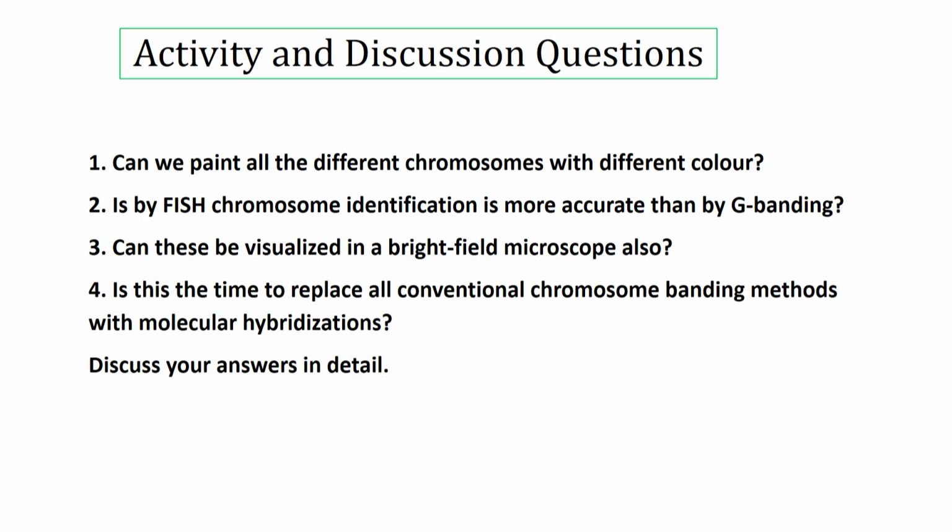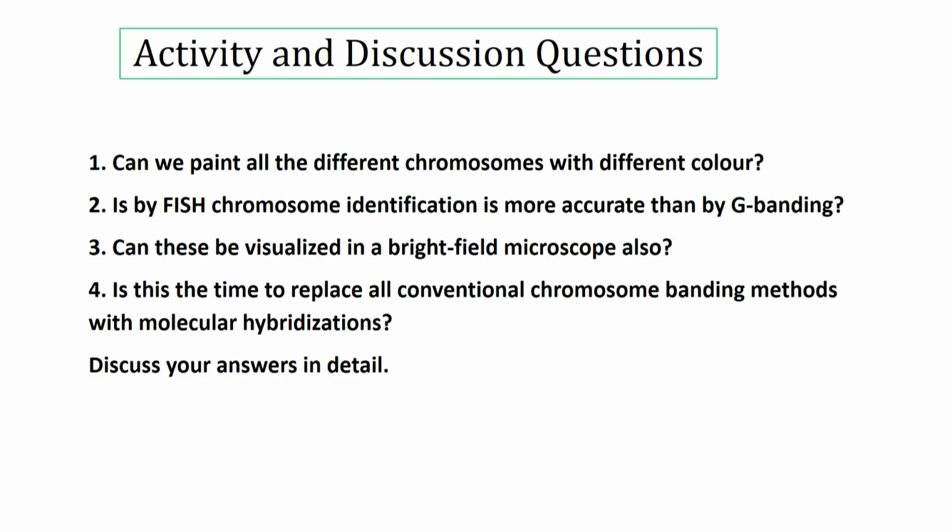So, with this I come to the discussion. Can we paint all the different chromosomes with different colors? The answer is with all probability yes, provided we have so many different probes with us, probes which can specifically hybridize to one chromosome, not to others. If we get such probes, then yes. Is FISH chromosome identification more accurate than G banding?